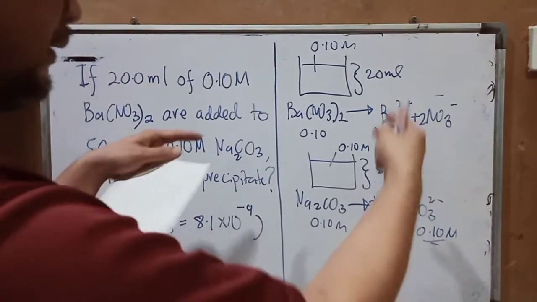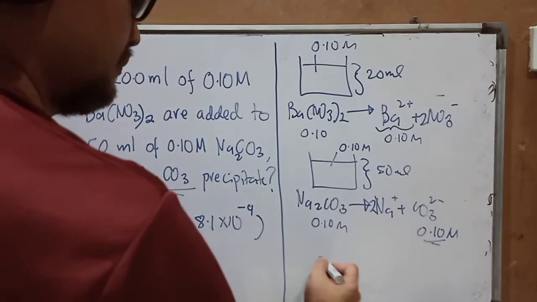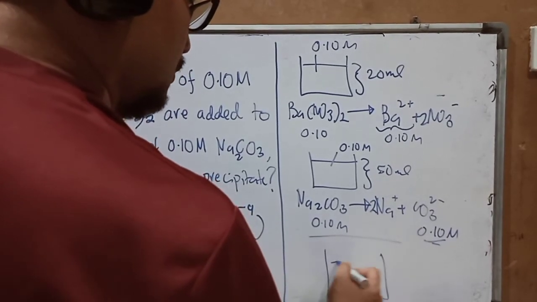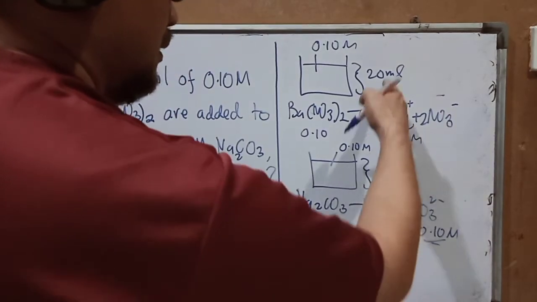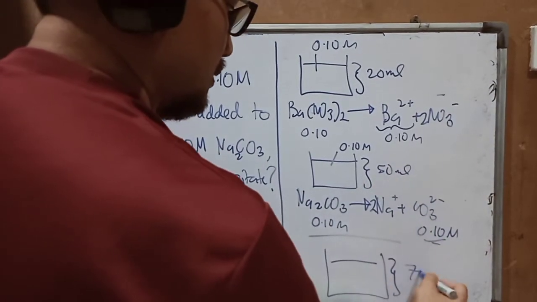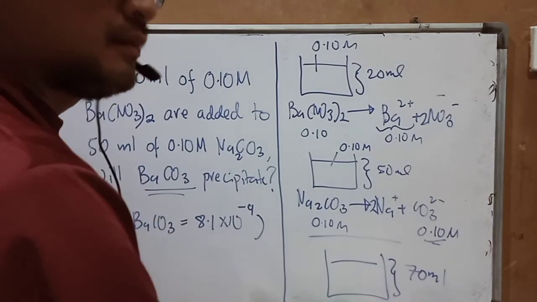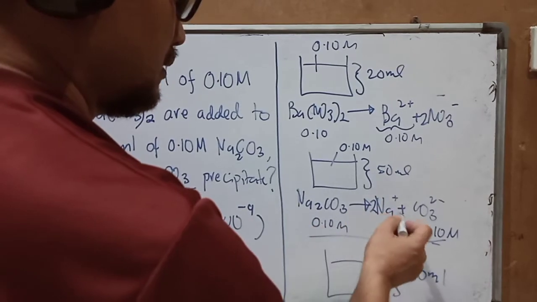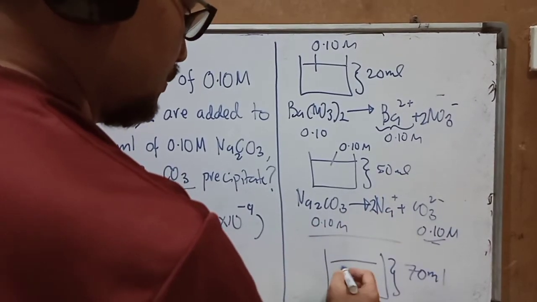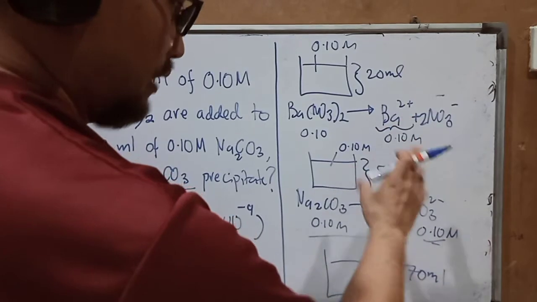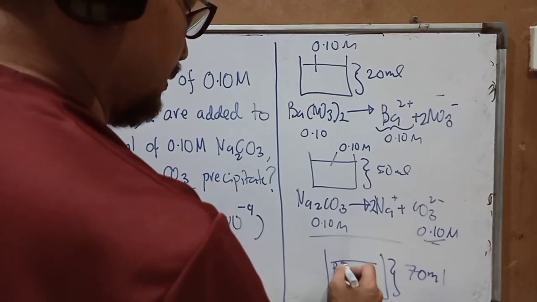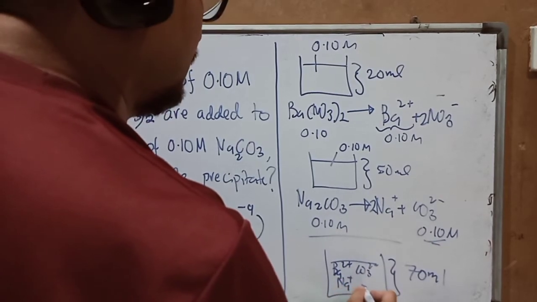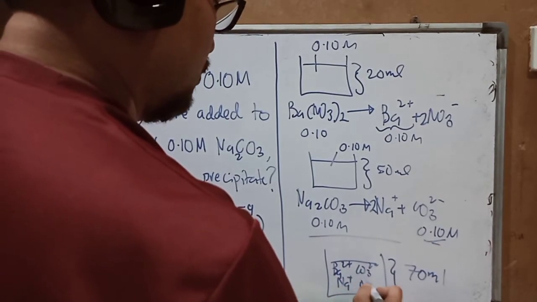Okay, we want to know this ion, barium ion and carbonate ion. And when we add these two solutions, it becomes like this. The solution now becomes 20 plus 50, 70 ml. And in this solution we have 4 ions: Ba2+, CO3 2-, Na+, and NO3-.